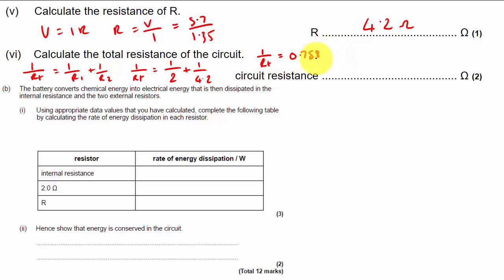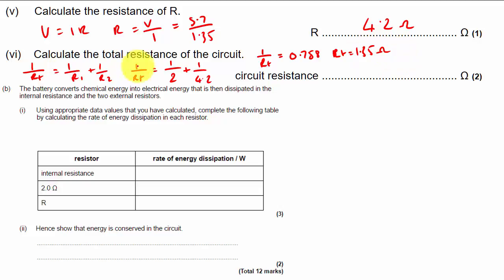To get RT, I just invert both sides of the equation. So RT equals 1 over 0.758, and that gets me a value of 1.35. So RT equals 1.35 ohms.